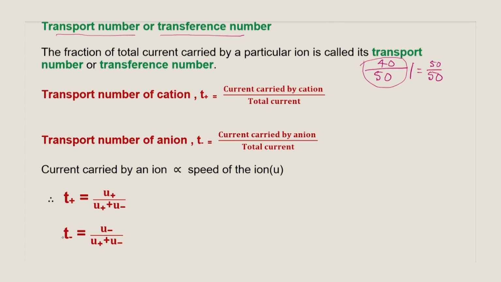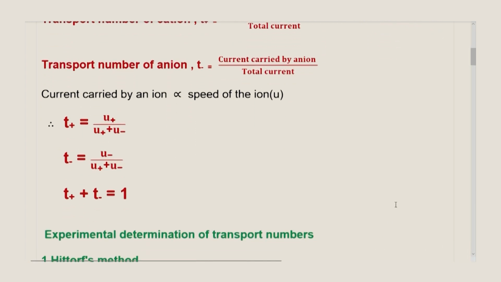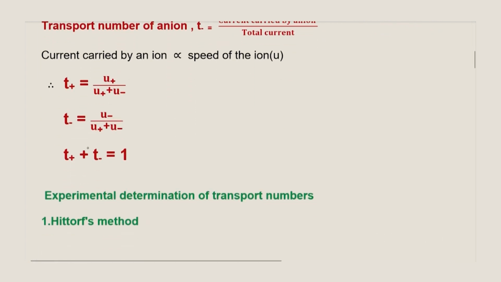Similarly, transport number of an anion is equal to speed of anion divided by total speeds added up, that is of the cation and the anion. As said earlier, T plus and T minus will be fractions and the total of both, that is T plus plus T minus, will always be equal to unity.